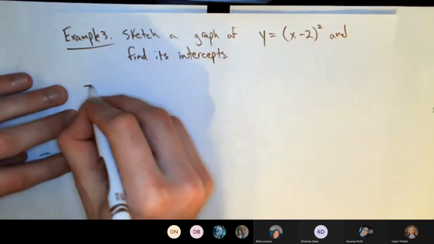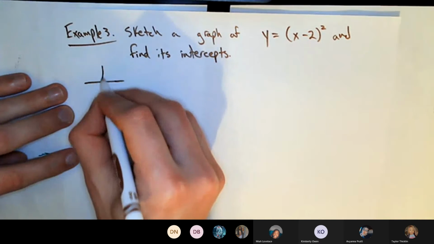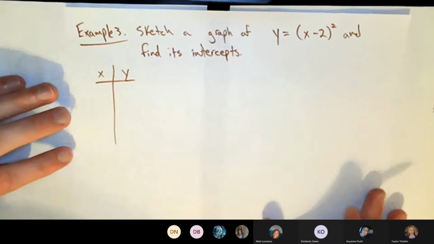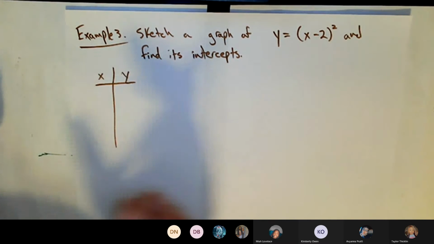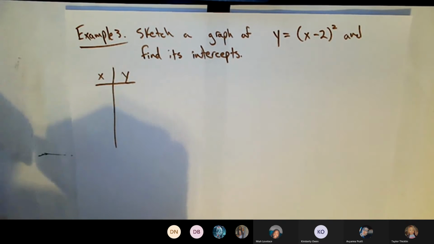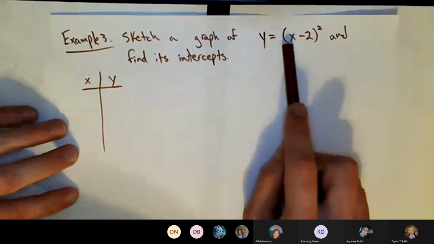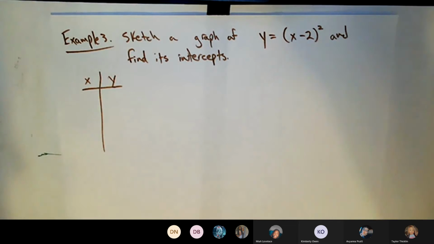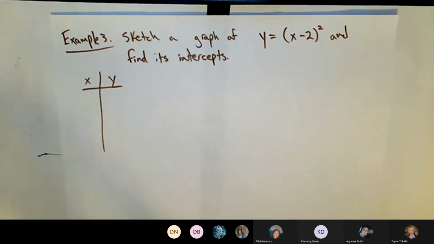So this is a case where, in our table of values, we're going to want to scoot our x values over because the x is being shifted by 2. Okay. Let me think for a moment.